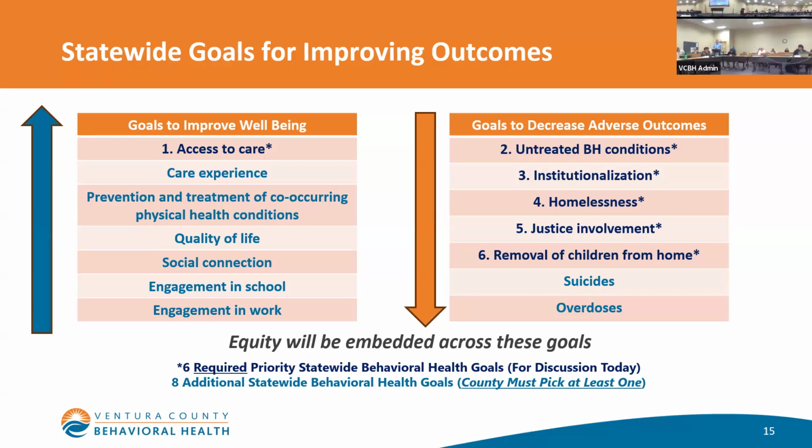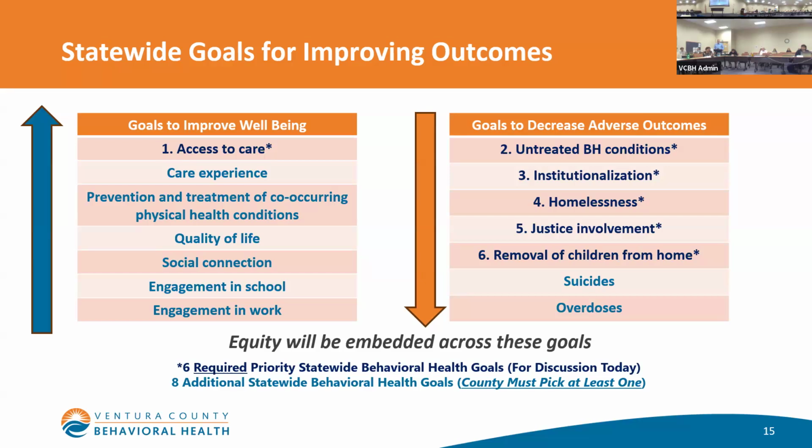And all of the indicators or categories on the right are ones where we want to see a decrease. A decrease would actually be improvement. Now, having said that, some of these categories have a little asterisk or star next to them. That indicates that these are statewide goals that every county, all 58 in the state, have to articulate goals around. So these are not optional whatsoever.